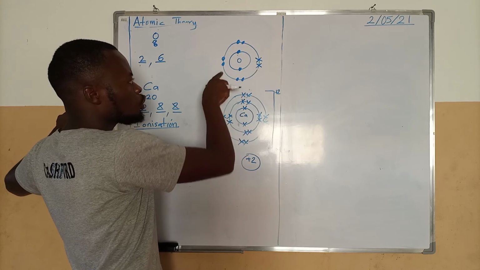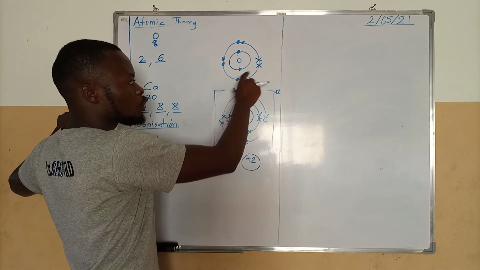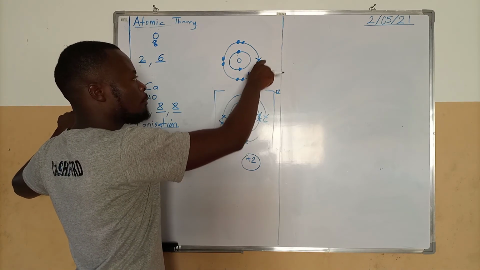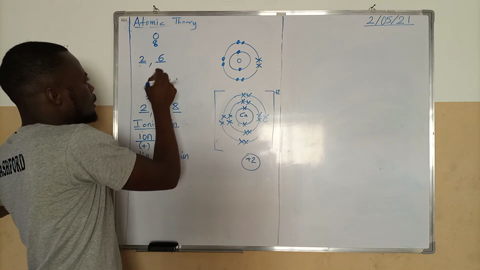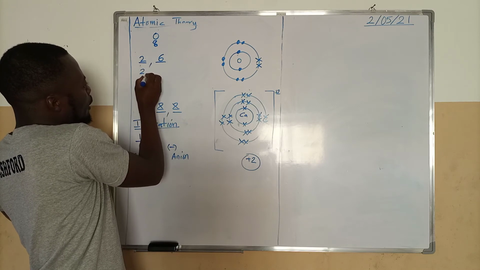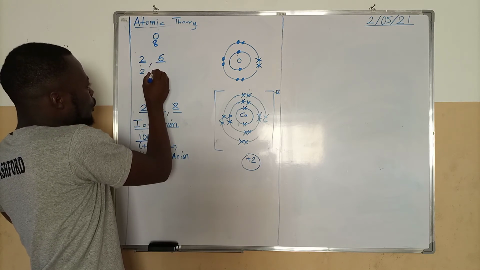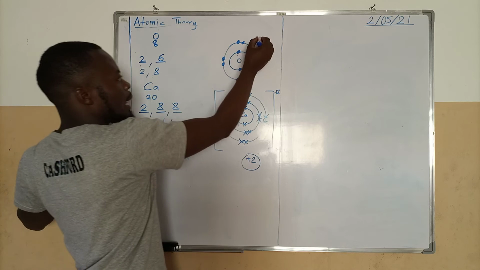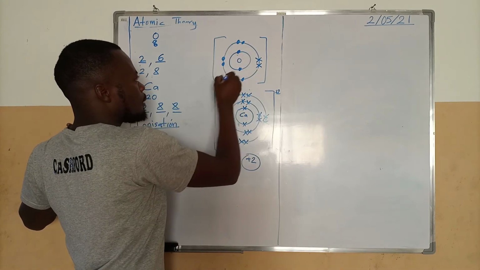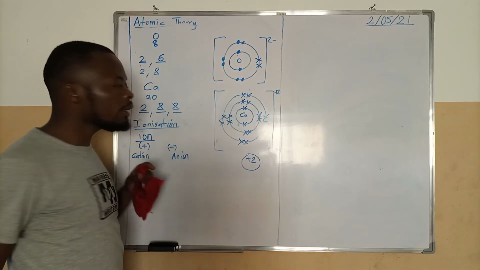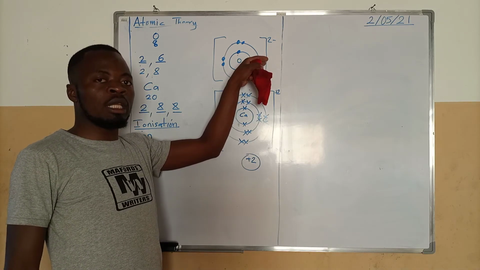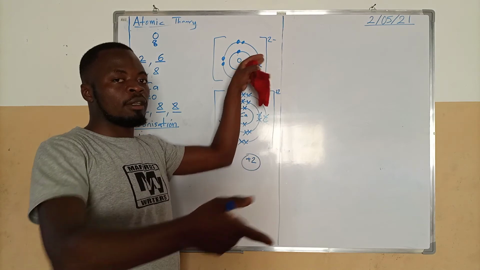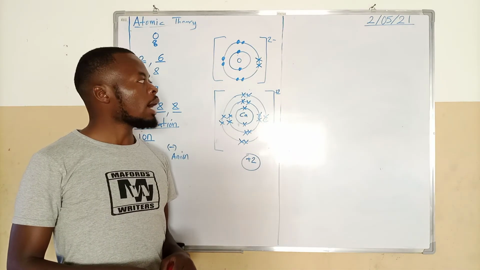So we'll not use dots, we'll use crosses to show that these 2 electrons are coming from a metal. So with this, the electronic configuration for the oxygen ion is 2,8. But we'll represent this as 2 negative. Why? Because the number of electrons has exceeded by 2, meaning it will have 2 negative. That's how we deal with ionization.